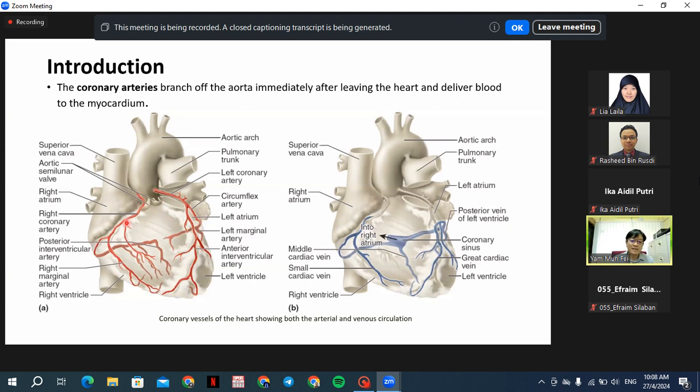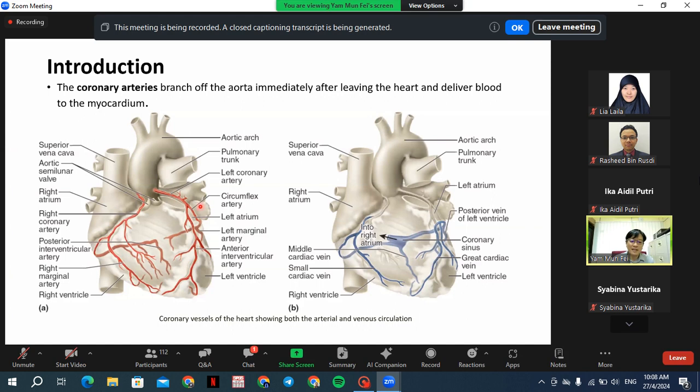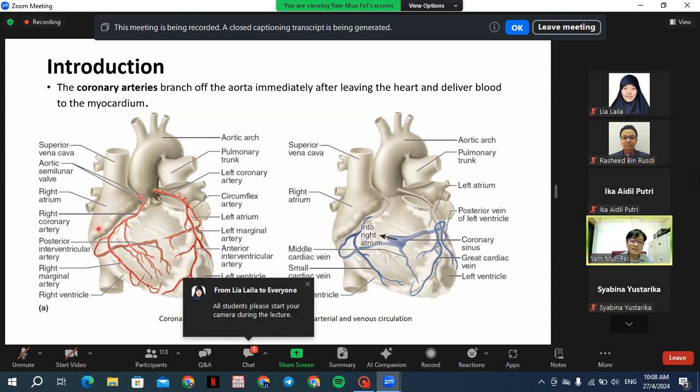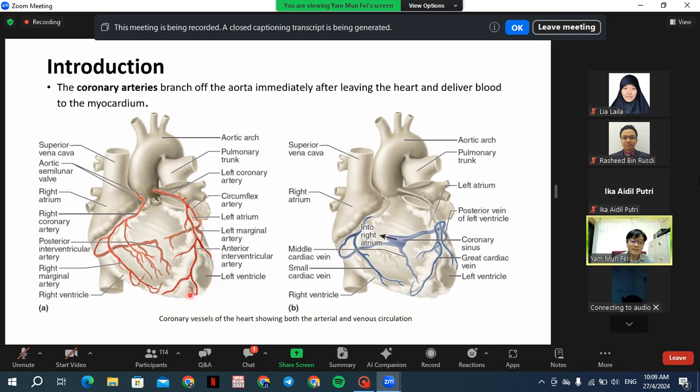The same thing happens on the right-hand side. The right-hand side artery we call the right coronary artery, and the left-hand side we call the left coronary artery. These are the main arteries that supply oxygenated blood to your heart. Without this supply, your heart will not be able to function well.